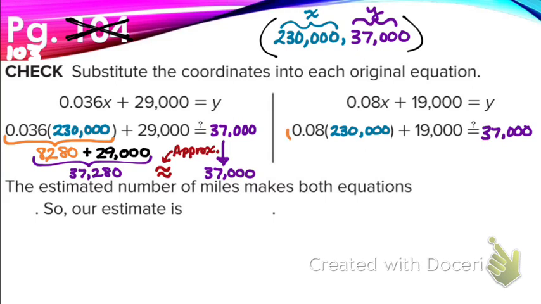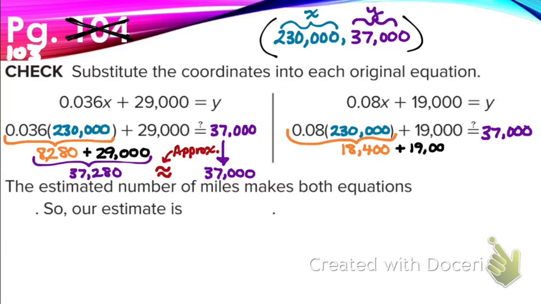Grab your calculators for me. I want you to multiply these two together: 0.08 times 230,000. $18,400. What do I want to add to that? 19,000.